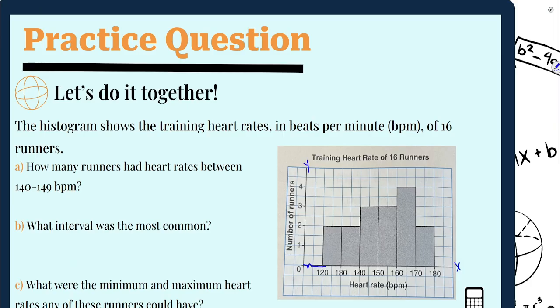They could have counted by tens the whole way, but your graph would have had this huge gap until we got to 120, and then all of your information would have been sort of at the end of your graph, and it would have looked a little bit off.